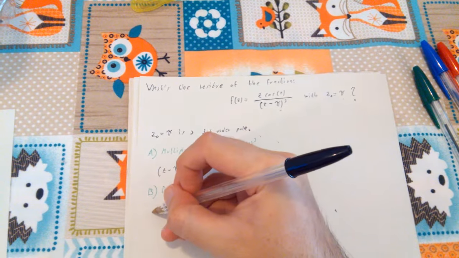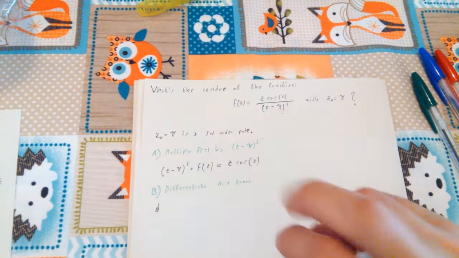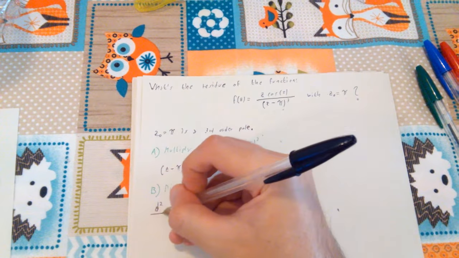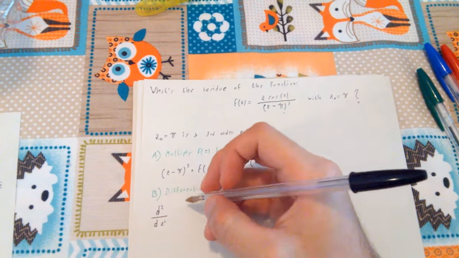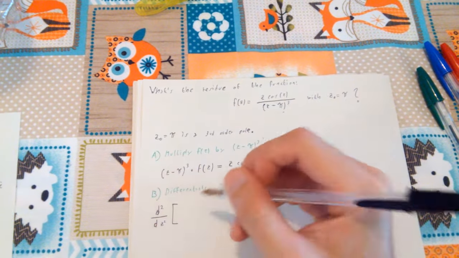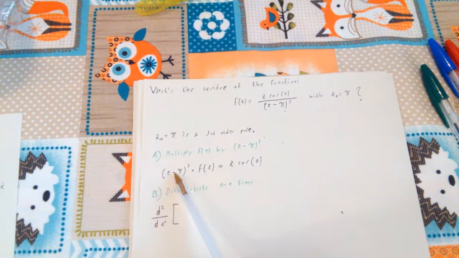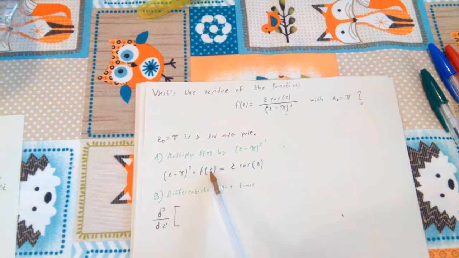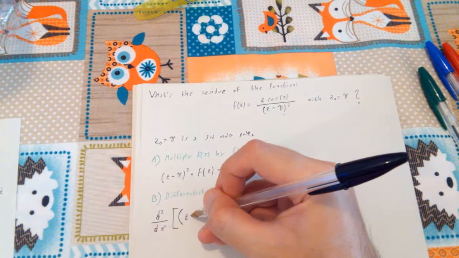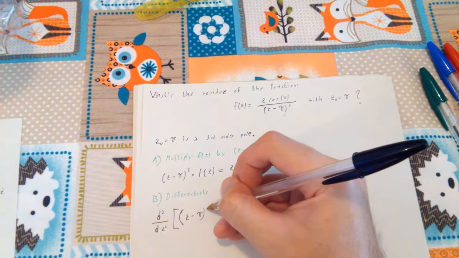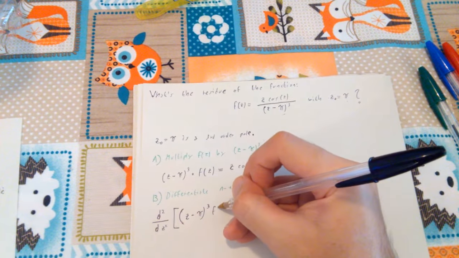In other words, we're going to take the second derivative of the whole thing, so of this one times the function, z minus pi cubed f of z.